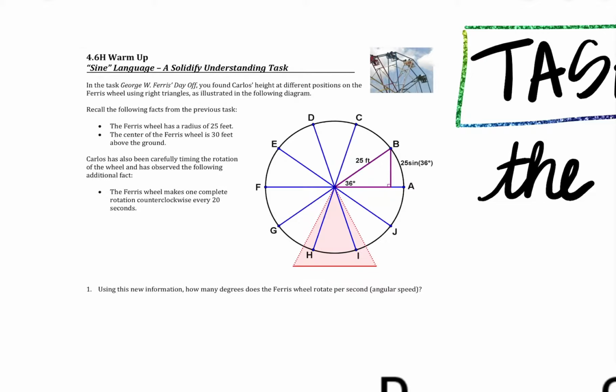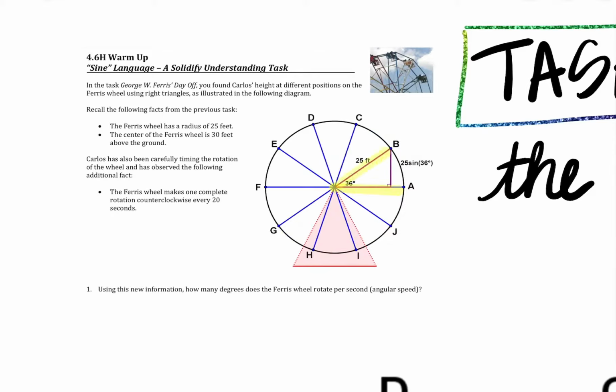The Ferris wheel starts at position A and makes a circle around the wheel back to position A. It rotates in the positive direction, and that one full rotation is 20 seconds. The Ferris wheel also has a radius of 25 feet.